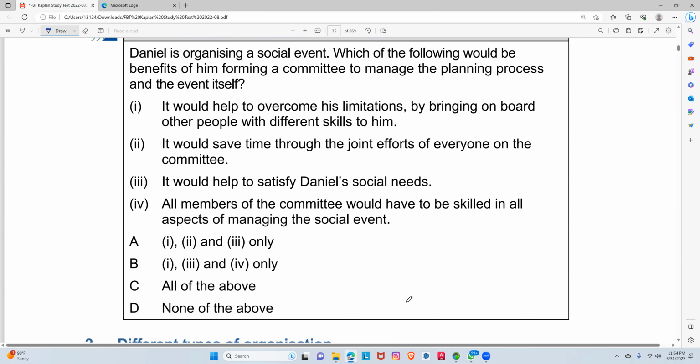C. All of the above. Do you guys also agree? क्या क्या? A. Okay.